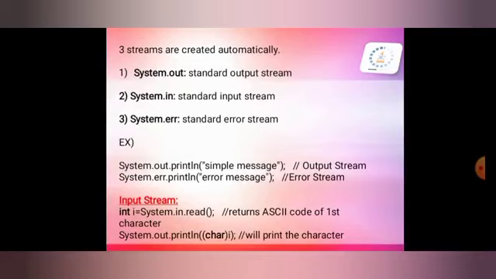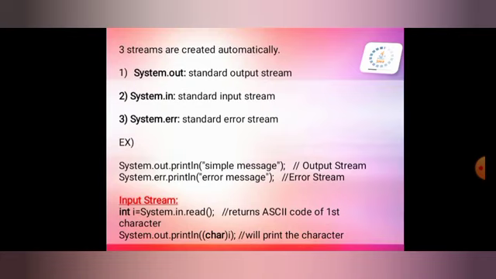Here are some examples for the output stream and error stream. System.out.println: here System is the class, out is the instance of the System class, and println is the method which is in the System class. It displays the message on the monitor, that is, it writes the message which we mentioned in the double quotes to the destination.